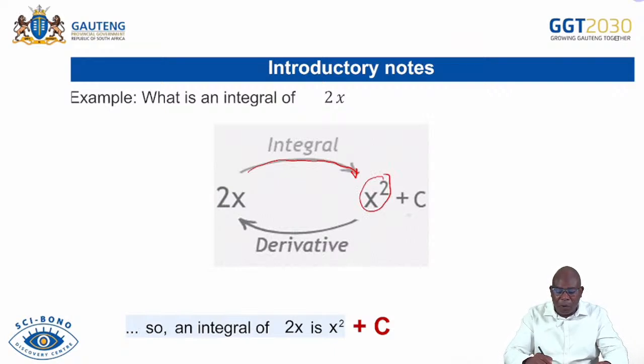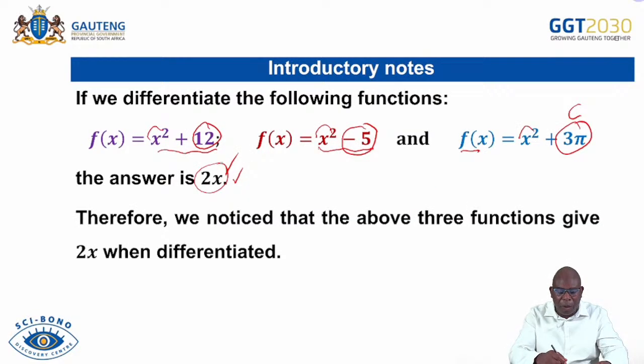But now, because we don't know what the value will be there, remember, before I said, when we differentiated that part, we get 2x, this we get 2x, that we get 2x. But if I integrate the 2x, I'm going to get x squared only. But what about those constants? Do I know? No, I don't.